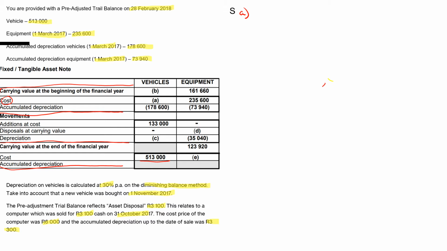So we have a closing balance of 513,000 after taking into account the movement.